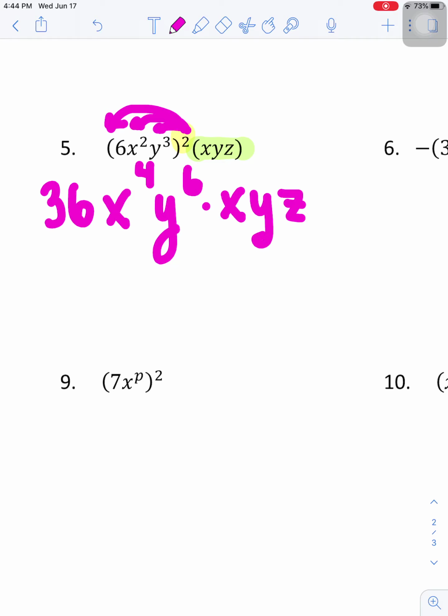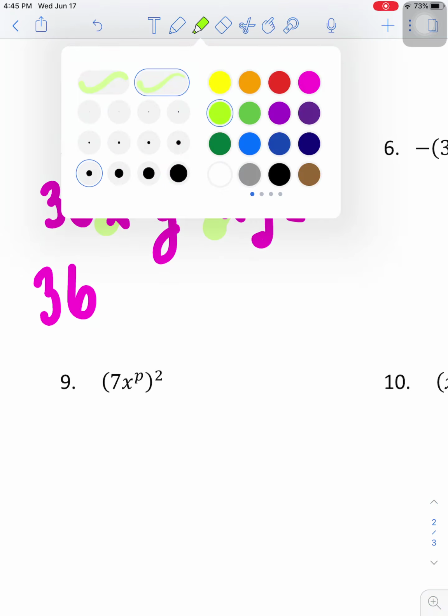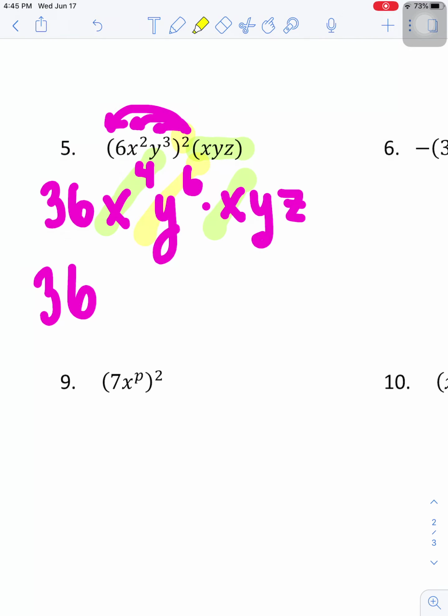Now, this should be familiar. These are just like the problems you just did in the previous section of our notes today. So you're going to multiply any coefficients you have. In this case, we just have the 36, so we'll bring that down. And then you use the product rule on any of your like variables. So we have x's and we have y's. So we're going to keep the base and we will add the exponents on those.